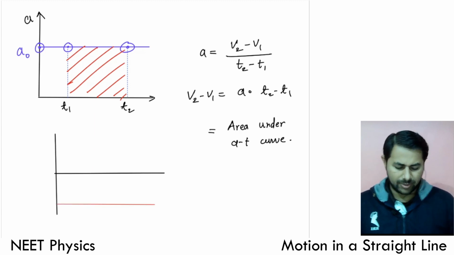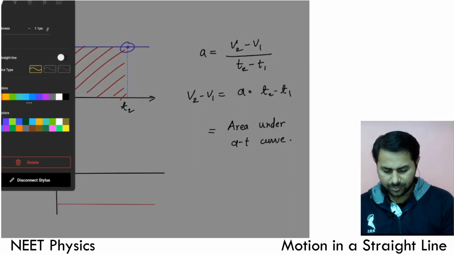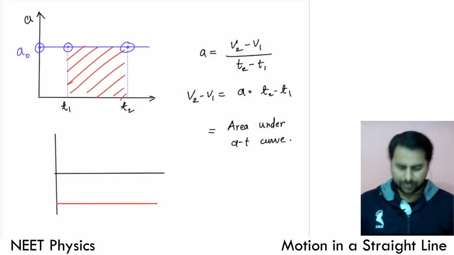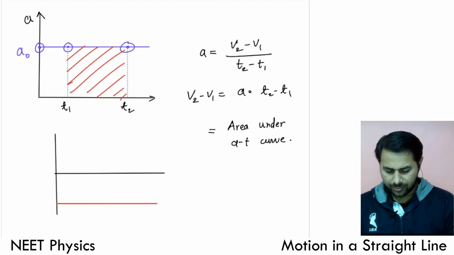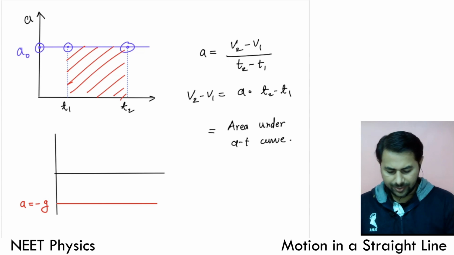For gravity, the graph will look like this. Why? Because the acceleration is negative. So a is equal to minus g. Minus g means minus 9.8 meters per second squared, right?